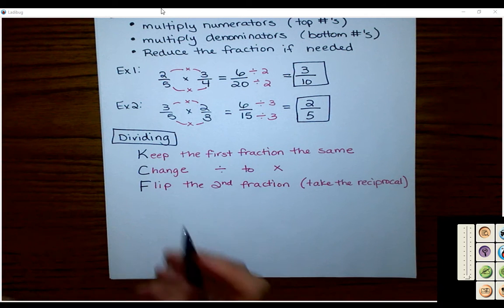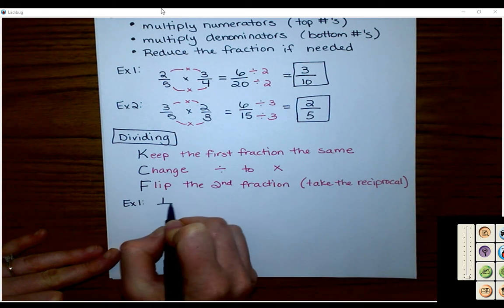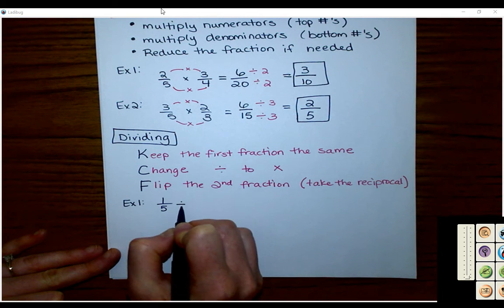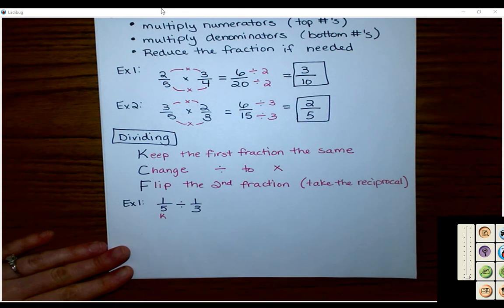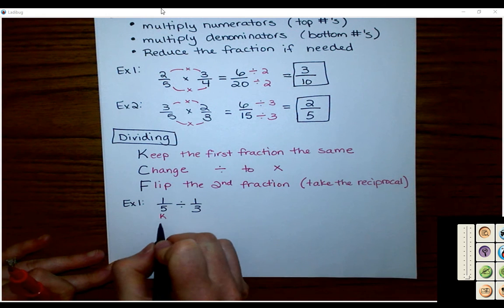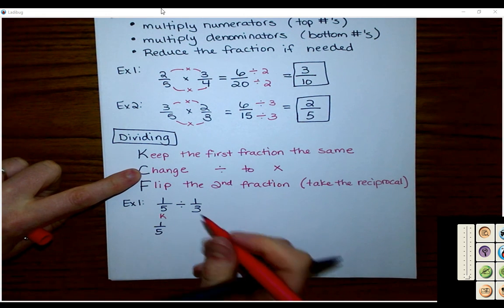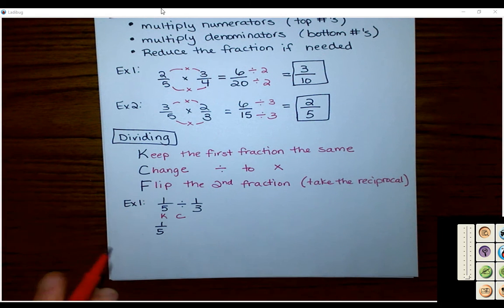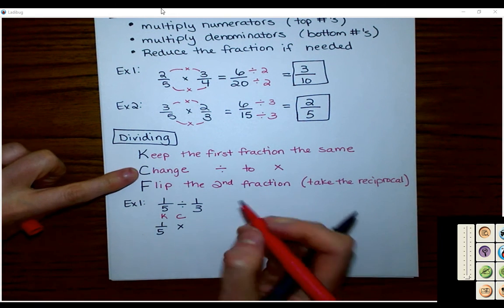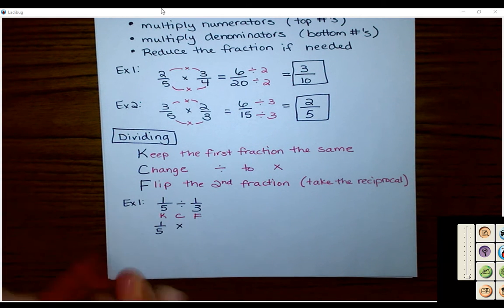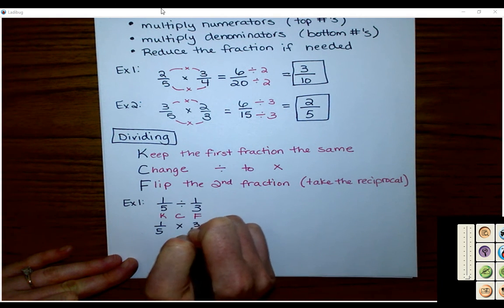Okay, so let's look at that in action. Say I've got example 1 here. I've got 1/5 divided by 1/3. If I want to keep the first fraction the same, 1/5 stays. If I want to change division to multiplication, I do that. And then I want to flip the last fraction. So 1/3 becomes 3/1.